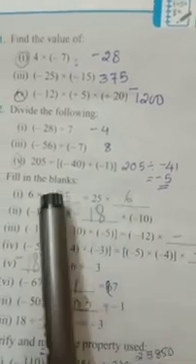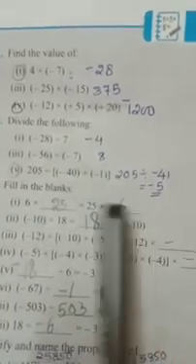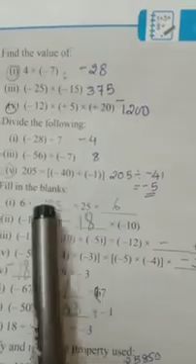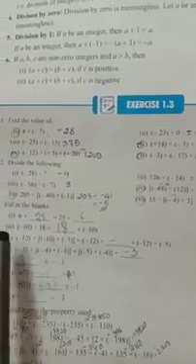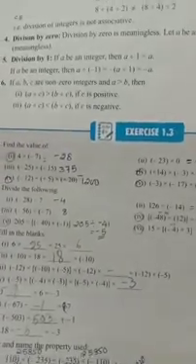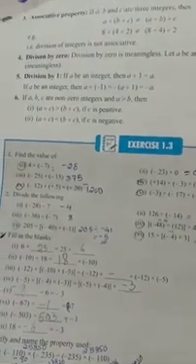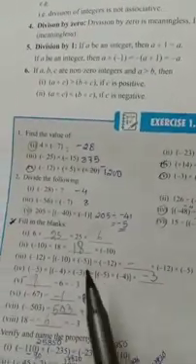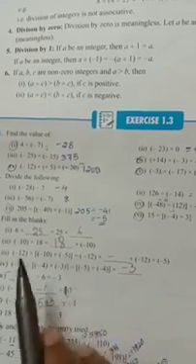Filling the blanks. 6 into 25 equal to 25 into 6. Minus 10 into 18, 18 into minus 10. Now this is distributive property.